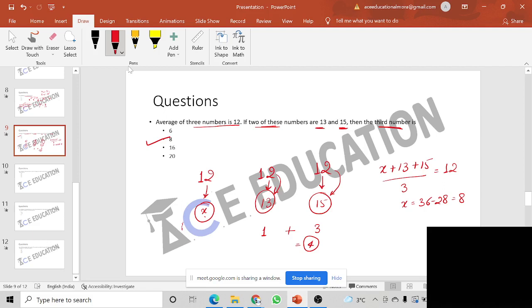If my other two numbers are greater, this number should be less than 12. That is the first conclusion I can draw. Then by how much should it be less? It should be less by the amount of surplus that is there. The surplus is 4. So this number should be less than the average by the surplus amount, which is 8.